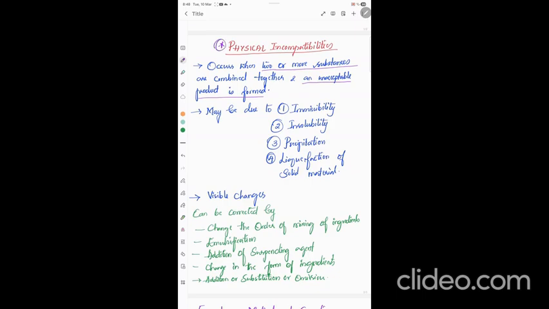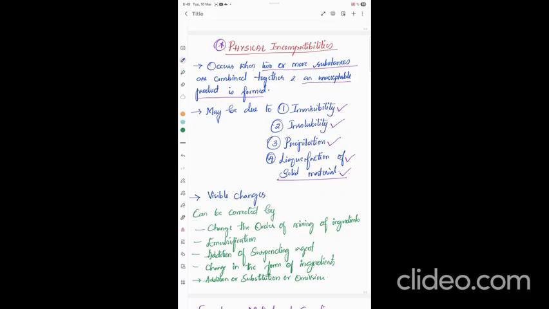And this incompatibility may be because of any of these four reasons. It may be because of immiscibility, insolubility or precipitation, or even the liquefaction of the solid material. That means when you have prepared it as a solid, but it is turning into a liquid. That is what we call the liquefaction of the solid material.